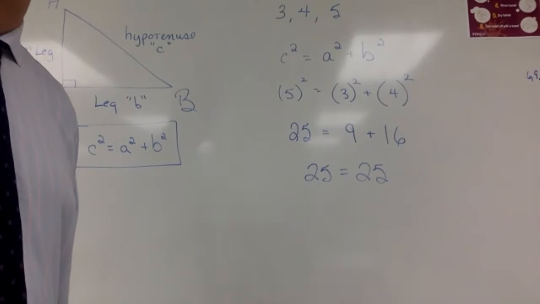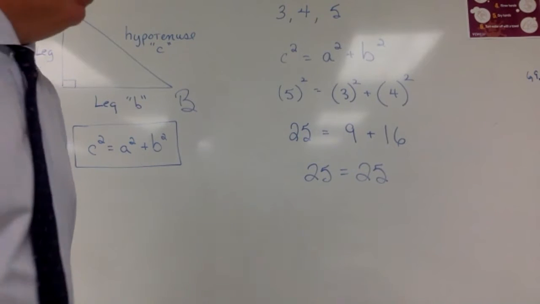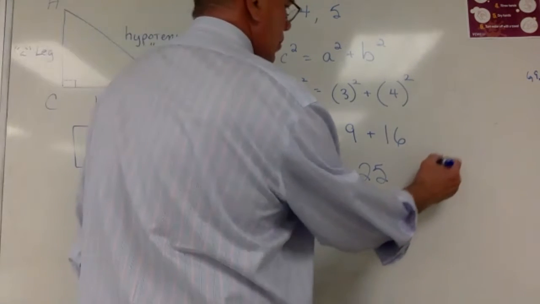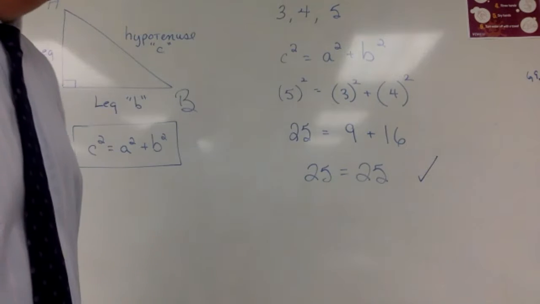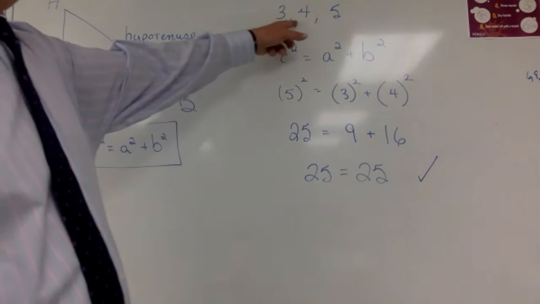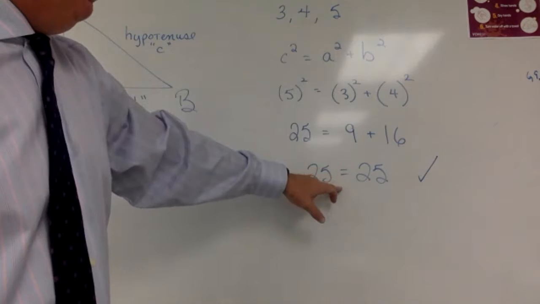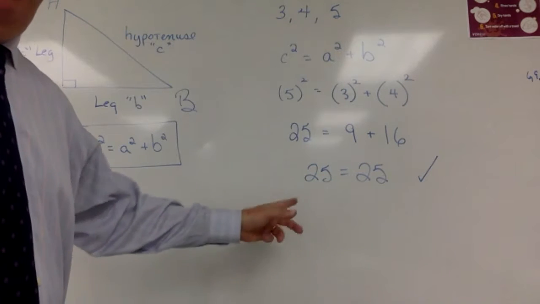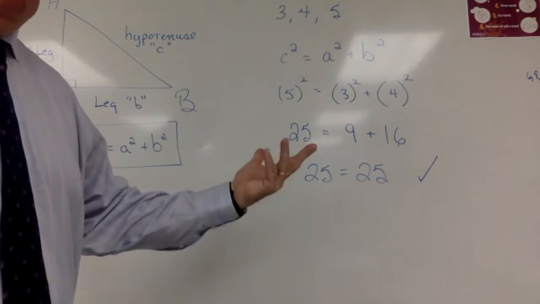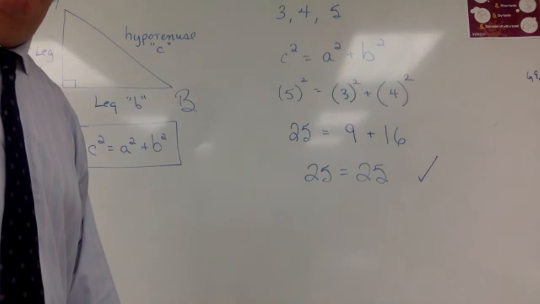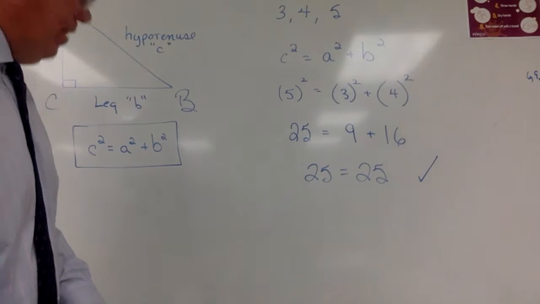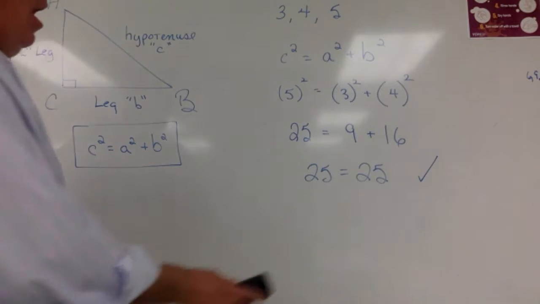Is 25 equal to 25, fellas? Yes, of course it is. So these 3 numbers, when you put them into the Pythagorean theorem, work. And if it works, it means you have a right triangle. Does that make sense? Yes, all right.